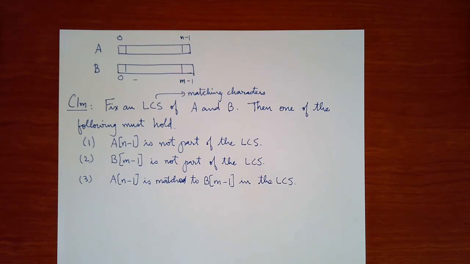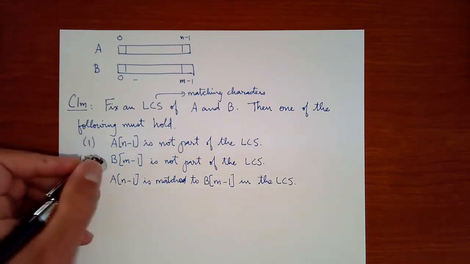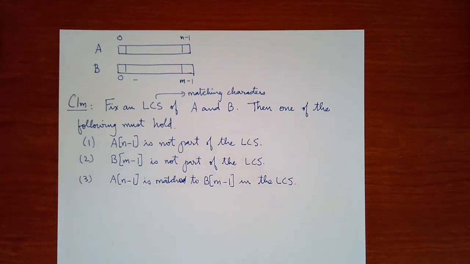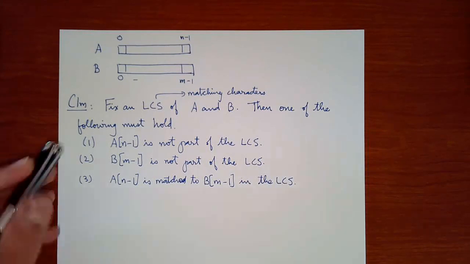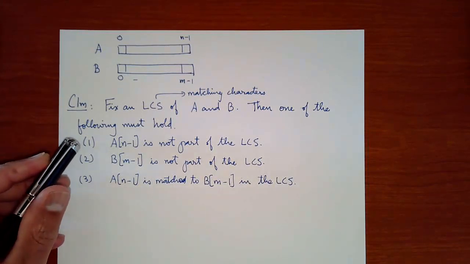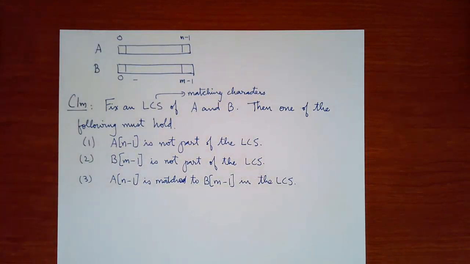The LCS could be empty. If it's empty, then of course, both 1 and 2 hold. Would this also apply to the beginning of the arrays? Yes, this would also apply to the beginning of the arrays, the first character. Good observation.